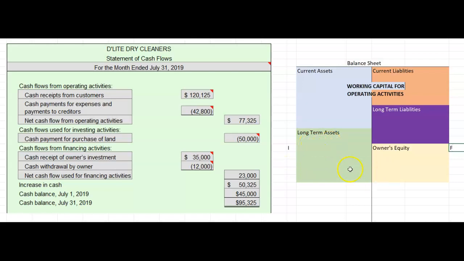Okay, that's about it. Long-term assets, so down here, these are going to be investing activities. And these two, I'm going to put it down here in equity. These two are going to be financing activities.